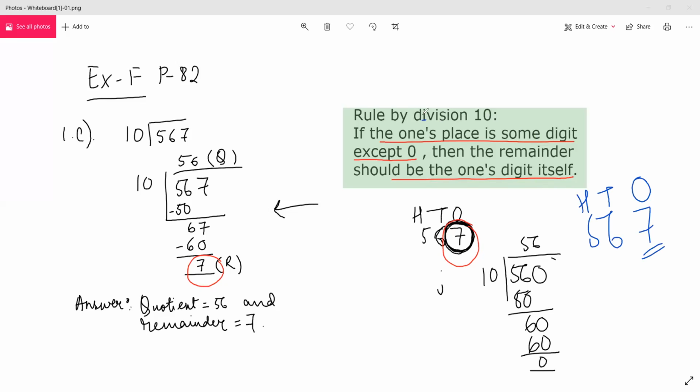The number is 7. That means 7 is the remainder.